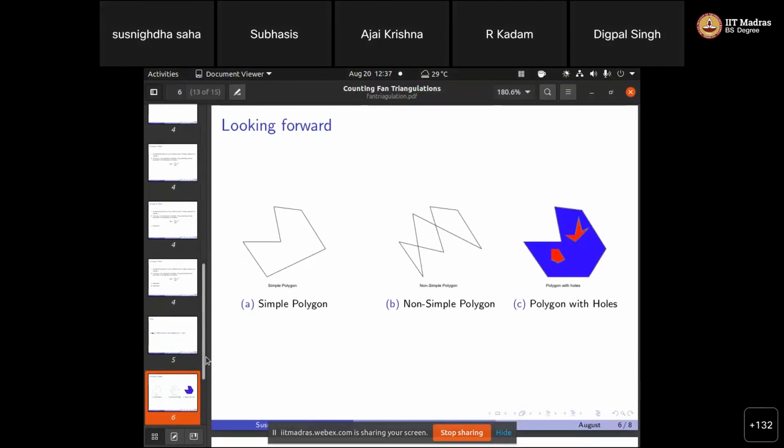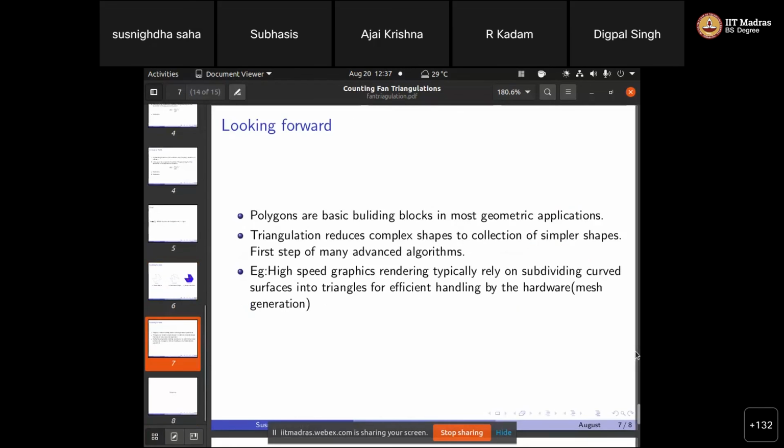Triangulating a polygon is a fundamental problem in computational geometry, because polygons are very flexible and can be used to model any arbitrarily complex shape. And polygon triangulation has a lot of applications, including in computer vision, robotics, and image generation, to name a few.